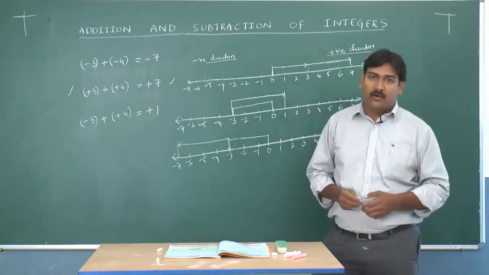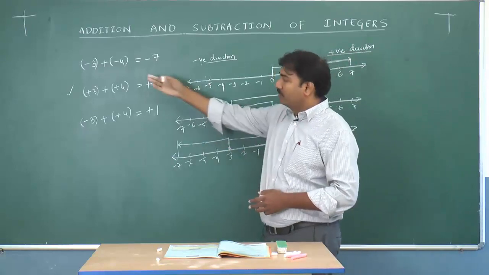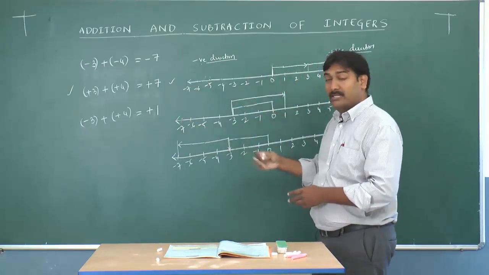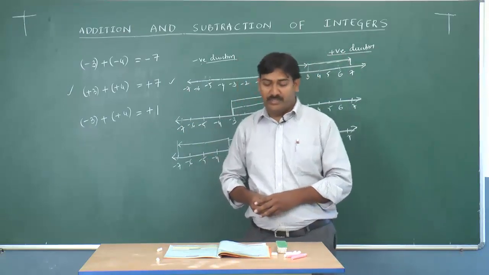So this is the way we add two given integers using the number line. And now we are going to see the subtraction of two integers.